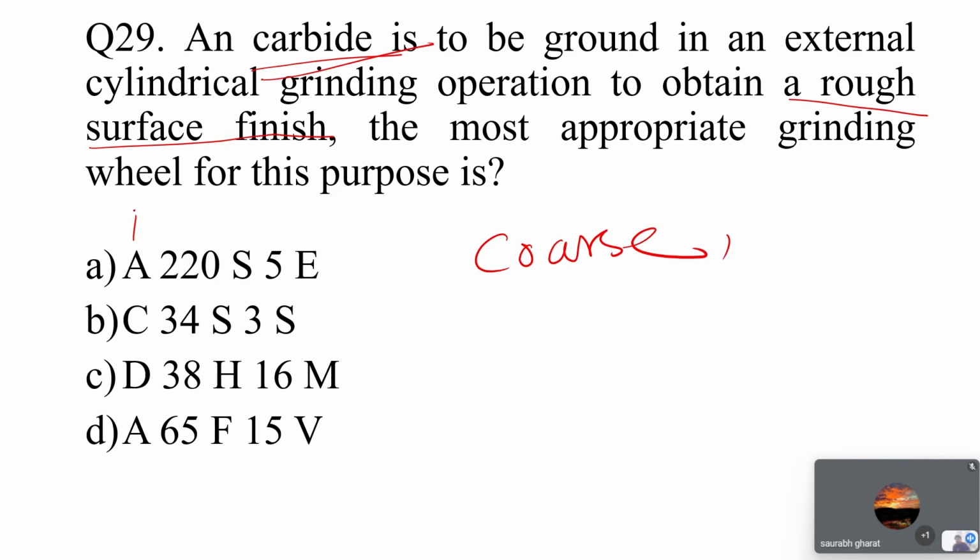A is aluminum oxide. You can't go with A, so option A is cancelled here.